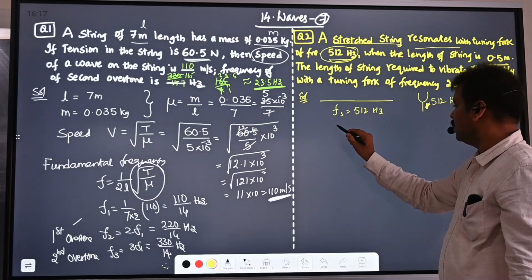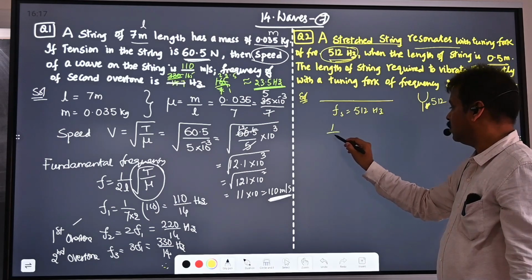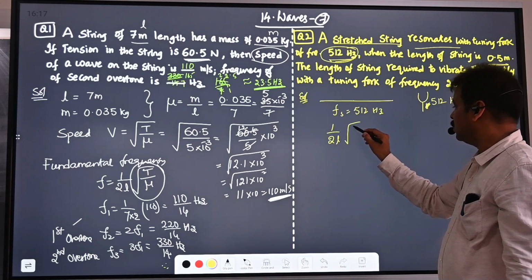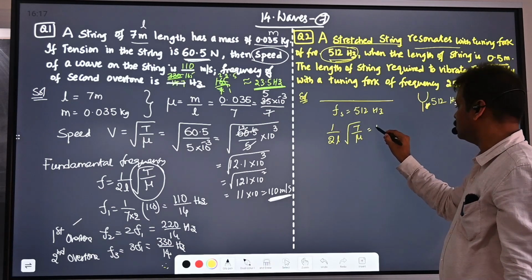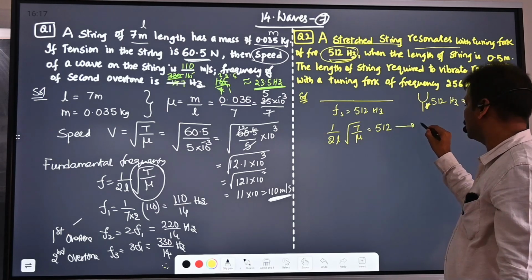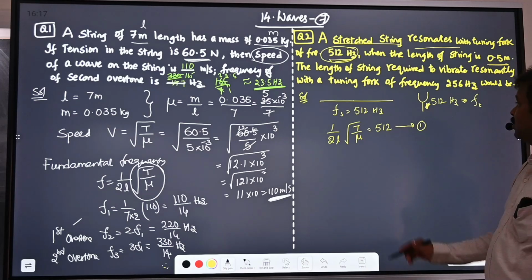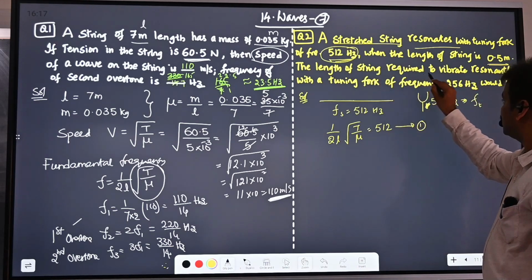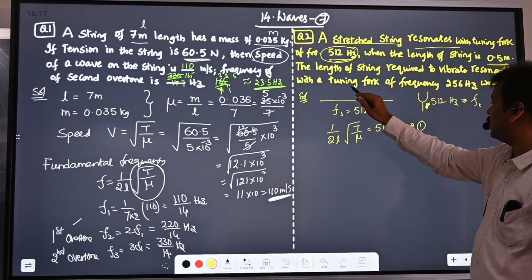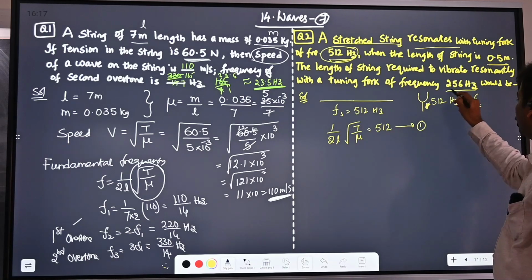So for this string, the fundamental frequency is 1 by 2L root T by mu, equal to 512. Equation 1. Now, the length of the string required to vibrate with a tuning fork of 256 Hz.